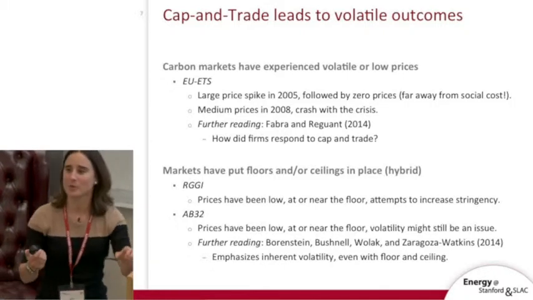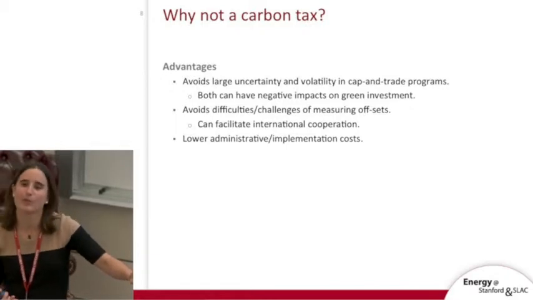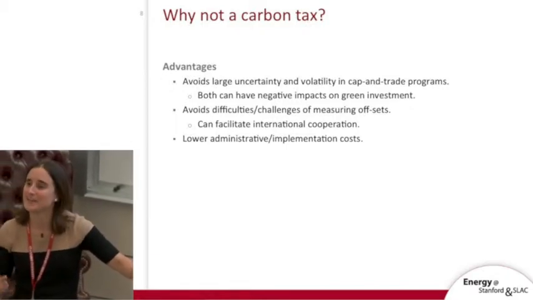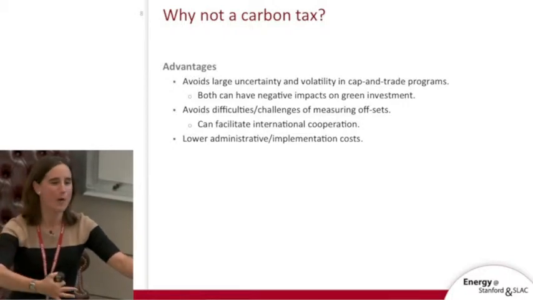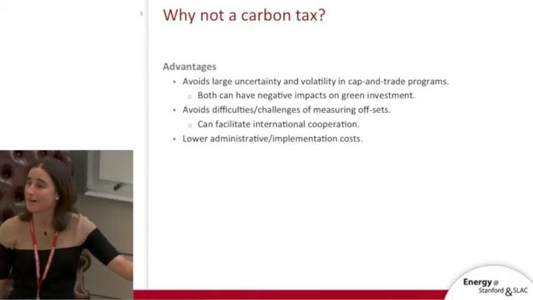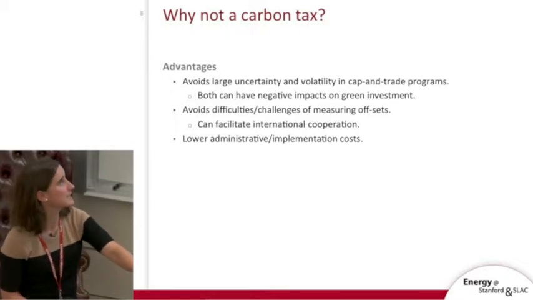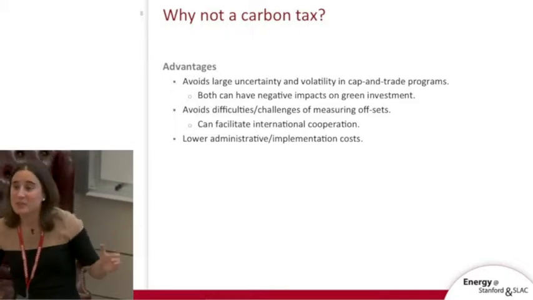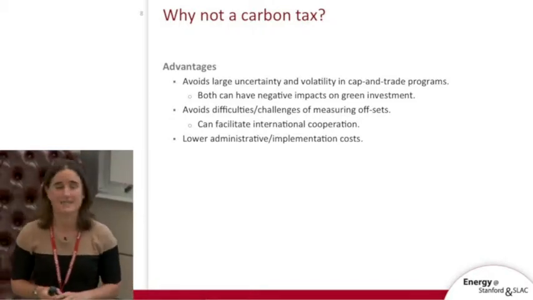So what is wrong with volatile prices? Okay, one thing that's wrong with volatile prices is that they are very uncertain. So the firms have a hard time knowing what the price will be, and therefore have a hard time planning their investments. So many people think maybe a carbon tax would be easier. Okay, so let's talk first about the advantages.